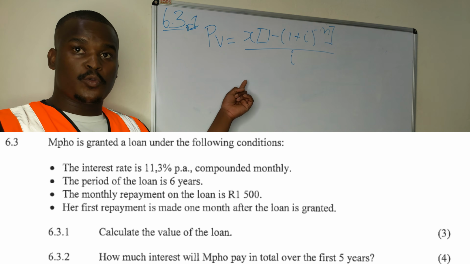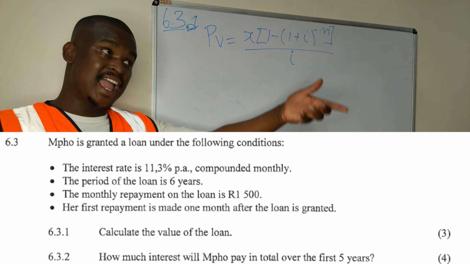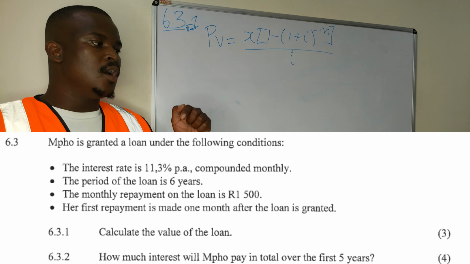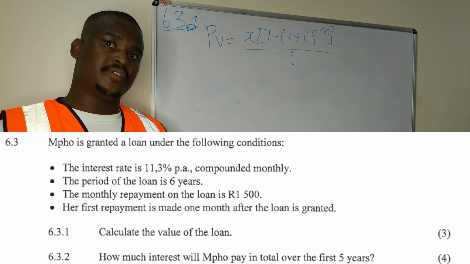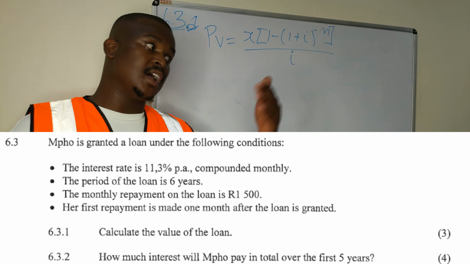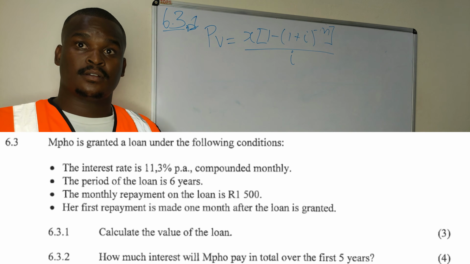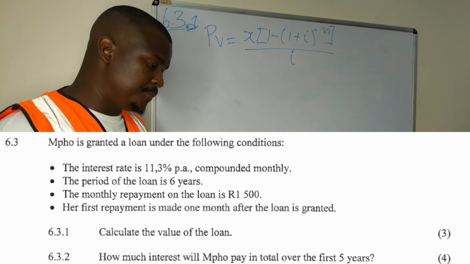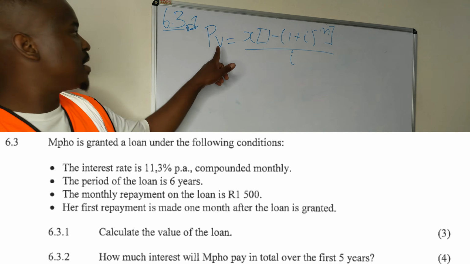So this formula assumes that the first payment is made 1 month after the loan was granted, depending on the compounding. If it's compounded quarterly, that's when the payments start, 1 quarter after. This is what this says, right? Okay, so now they're asking what is the present value of the loan.